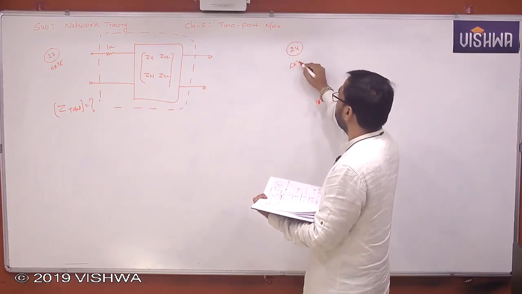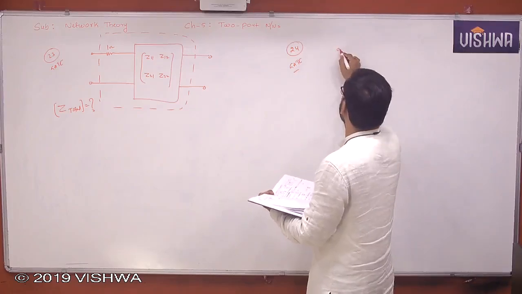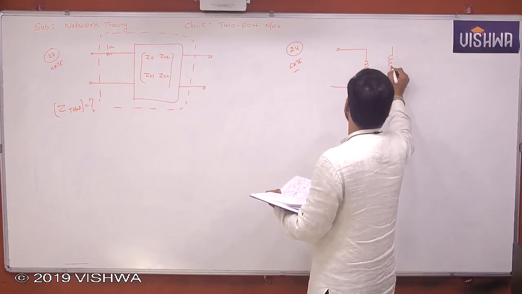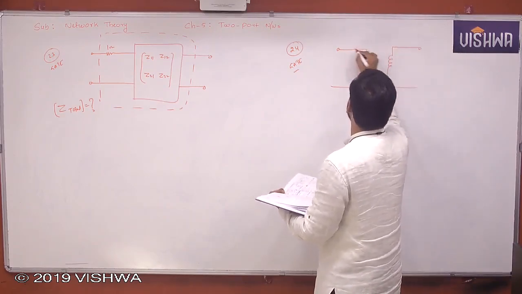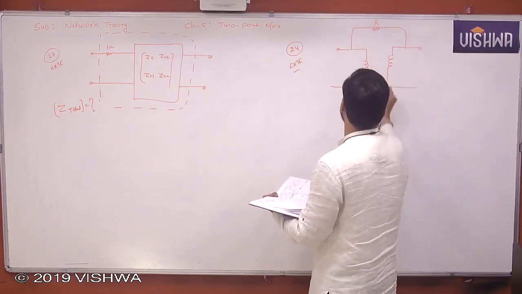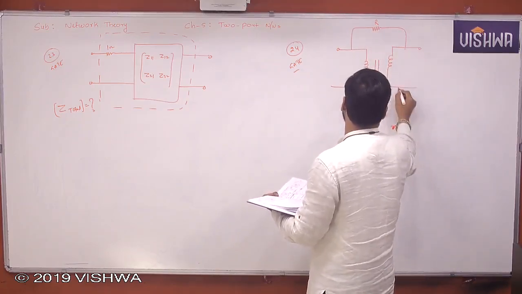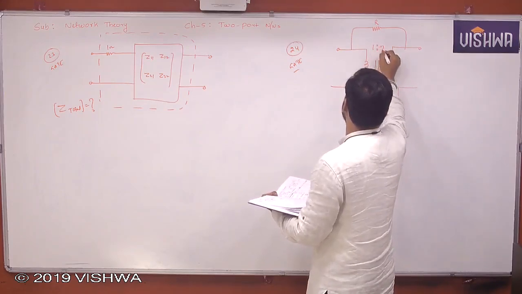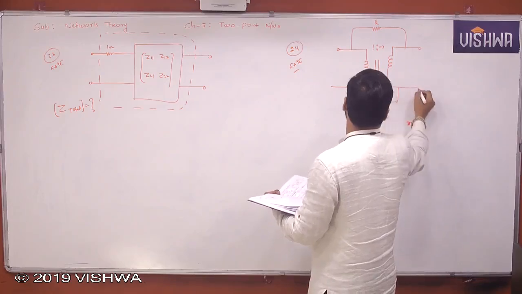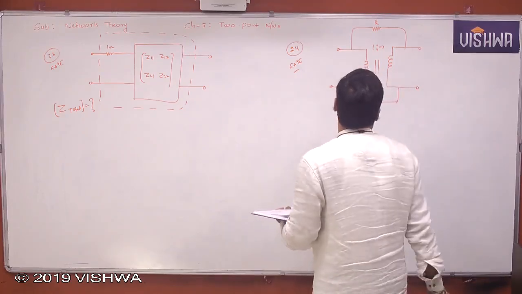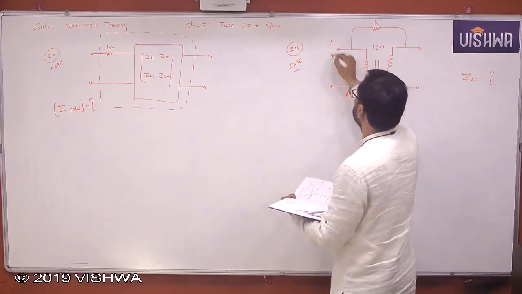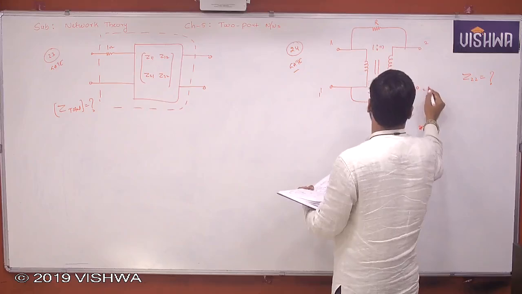This is also very interesting. Find Z22. 1, 1 dash, 2, 2 dash.